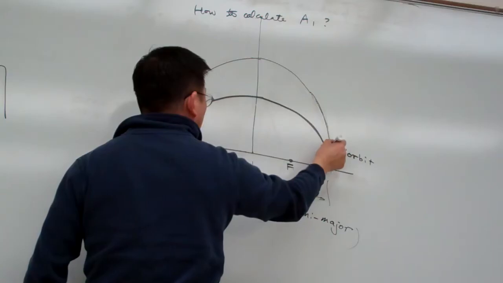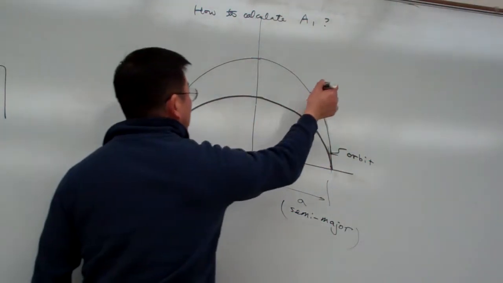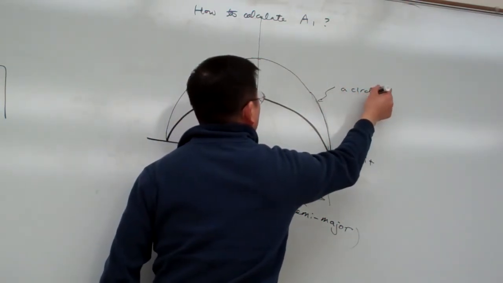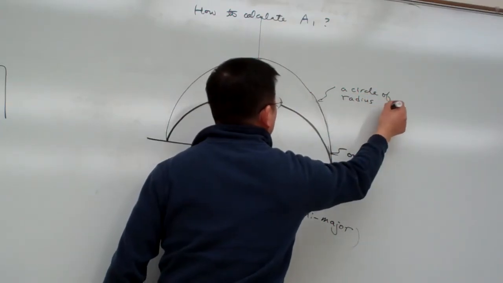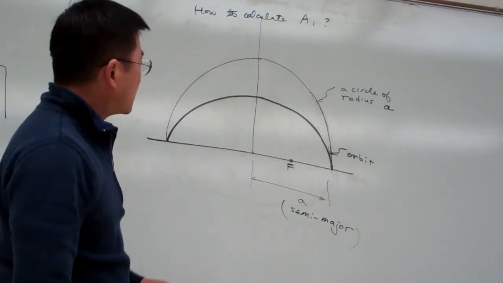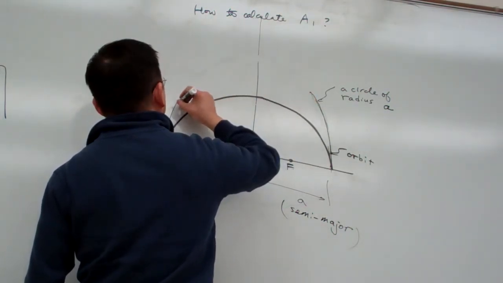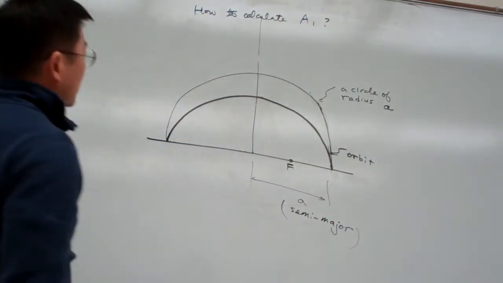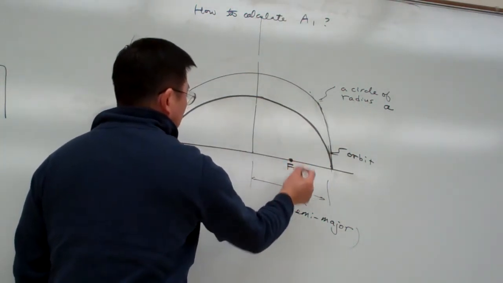What I'm drawing right now is the semicircle. Okay, so this is a circle of radius a. Basically here we're using the semi-major axis to draw a circle. I think that's more realistic. Okay, so this is the focus here.